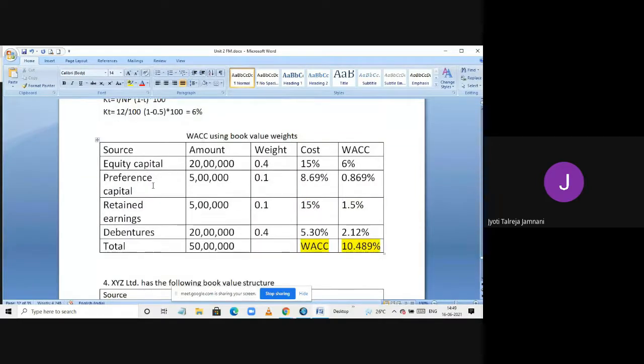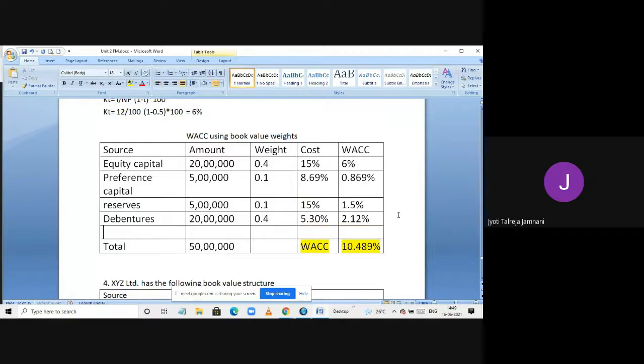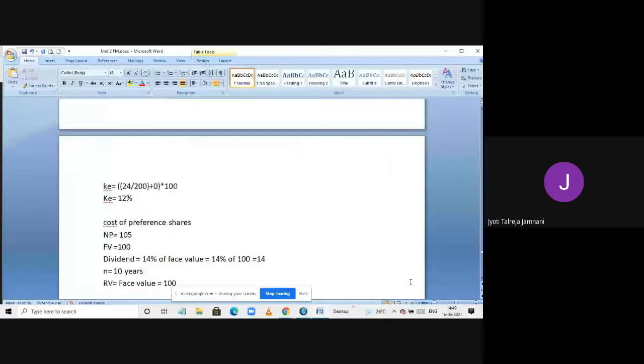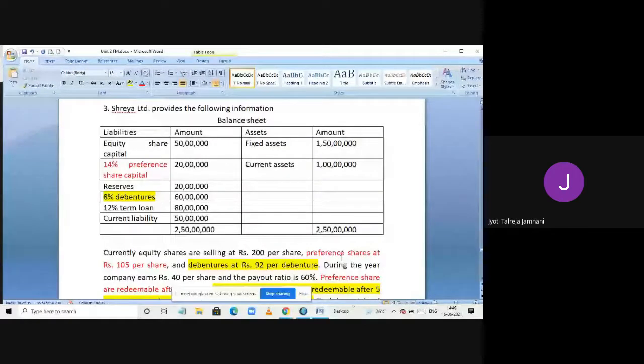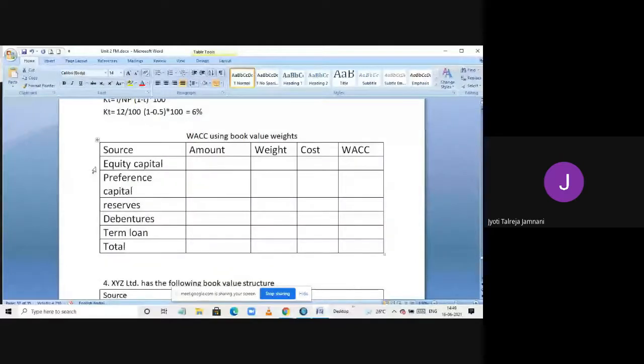Okay, so we have equity, preference, then we had reserves, we have debentures, and we have term loan. Equity, preference, reserves, debentures, and term loans in the same format. So equity 50 lakh, 20 lakh, we'll have to total this.